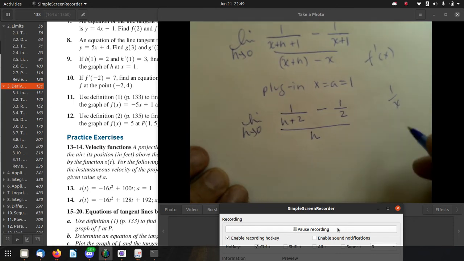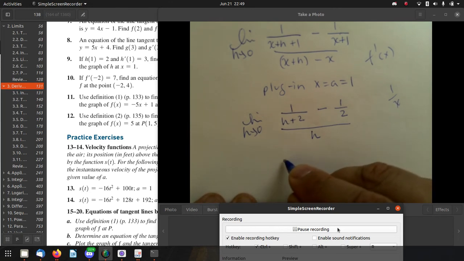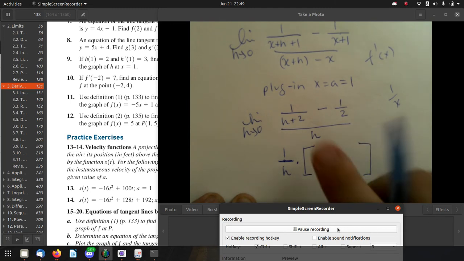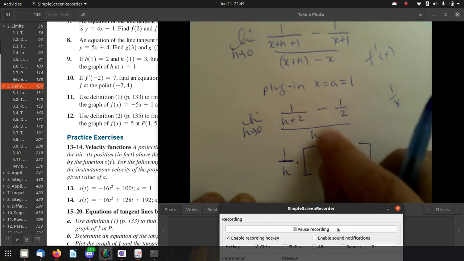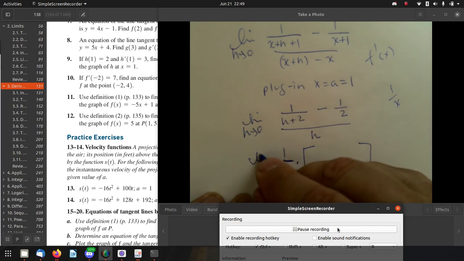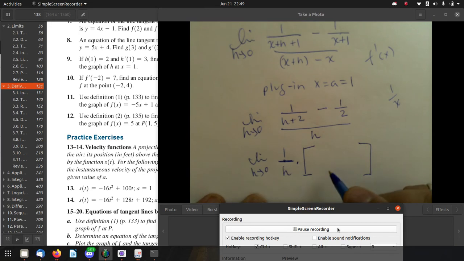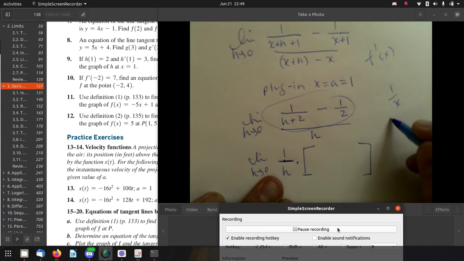Okay, so now that we have that, what I'm going to do is put the 1 over h over here in the front, and then I'm going to do this divided by that, which is the same as all of this times 1 over h. So I'm just going to put that h here, and then I'm going to do all of this over here in scratch paper land. That means I need to multiply both of these denominators by each other.